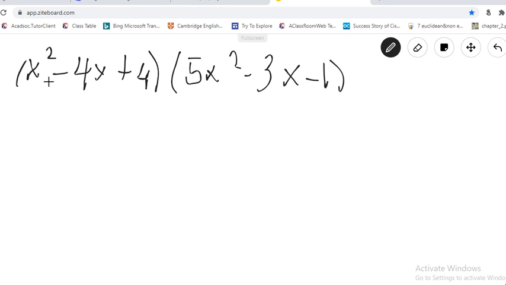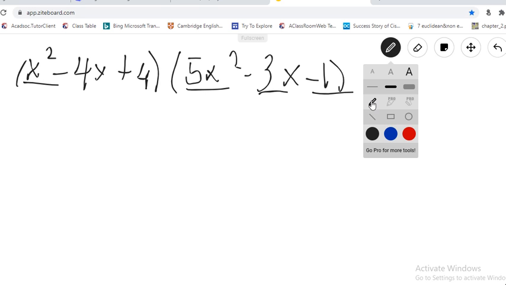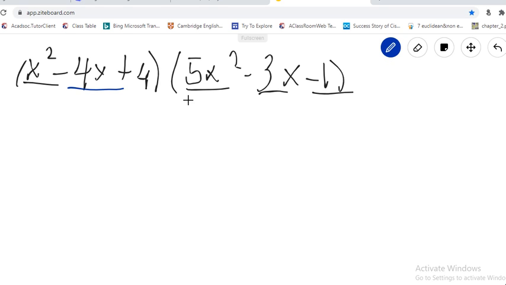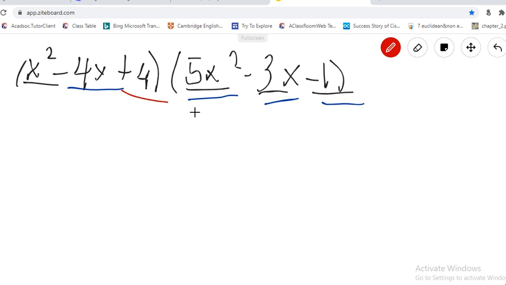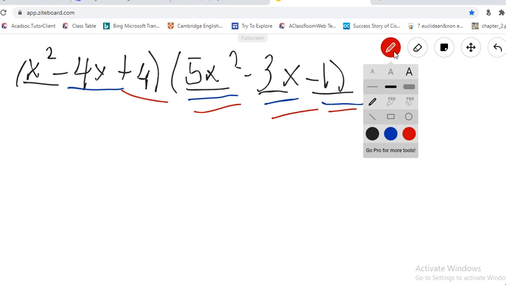Again, distribute x squared over these three terms, then negative 4x over these three again, and then positive 4 over these three again. Okay? So, let's start.